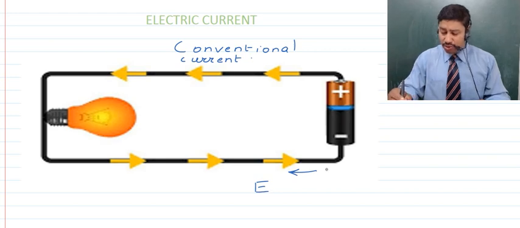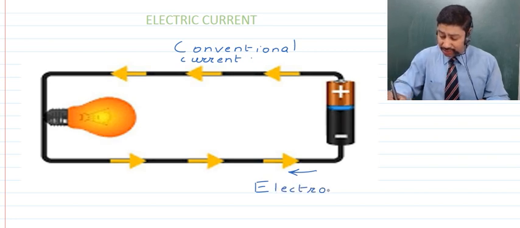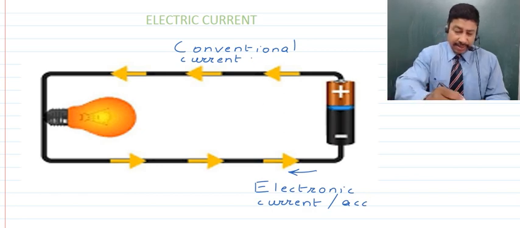And the direction of current from the negative terminal to the positive terminal will be considered the direction of the electronic current, right? Or we also call it the actual current's direction, right?